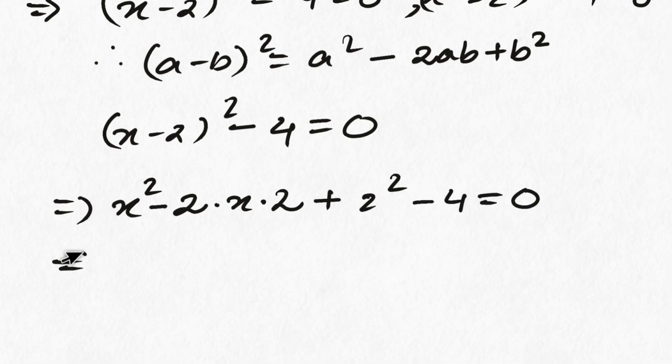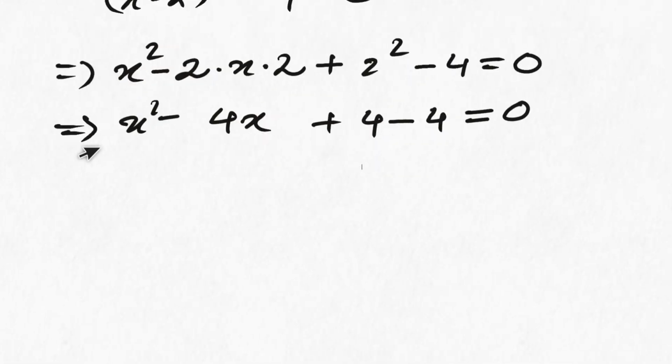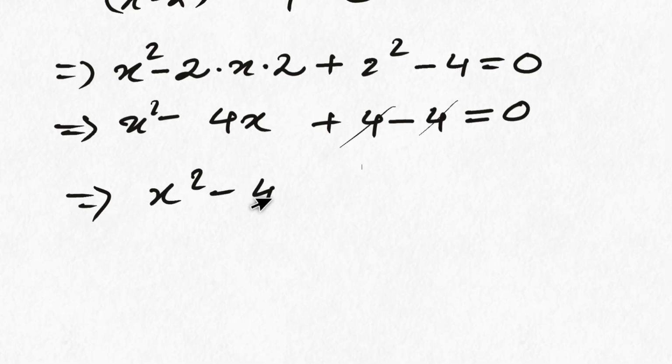Let's simplify that out. 2 times x times 2 is 4x, and 2 squared is 4. So we get x squared minus 4x plus 4 minus 4 equals 0. As you can see, the positive 4 and negative 4 cancel each other out perfectly. This leaves us with just x squared minus 4x equals 0.